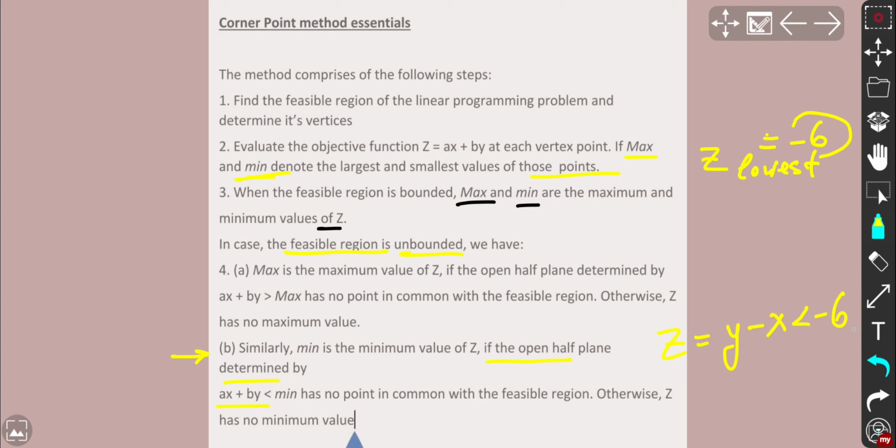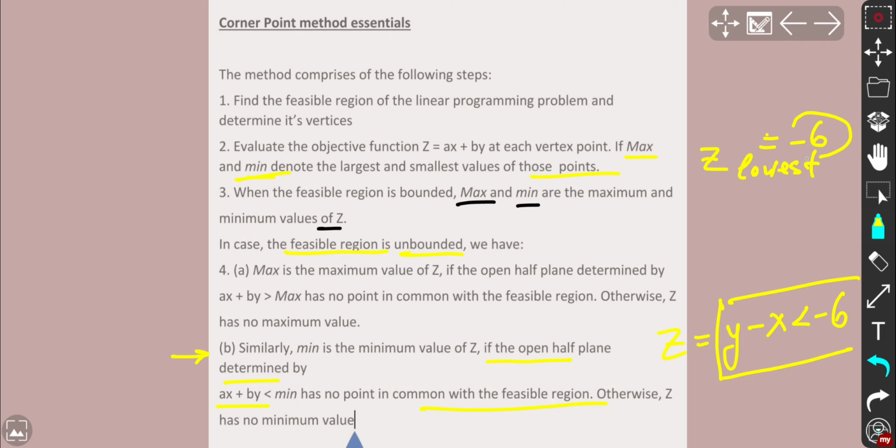And I'm going to test whether this half of the plane has any common point with the feasible region. If it doesn't have any common point, then we got the minimum value to be negative 6.